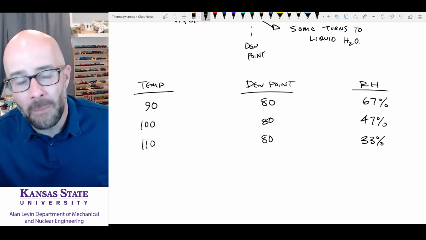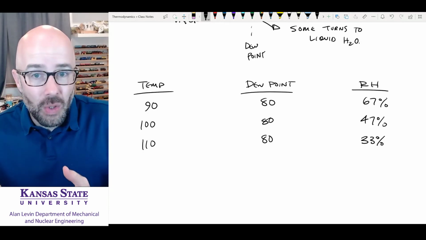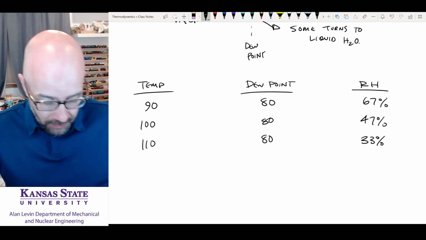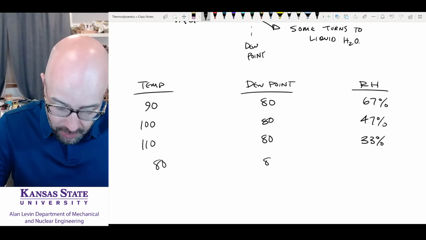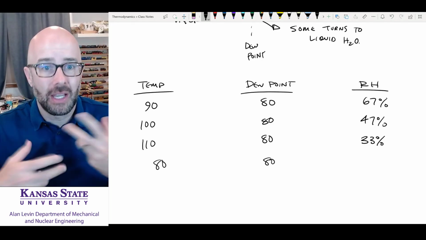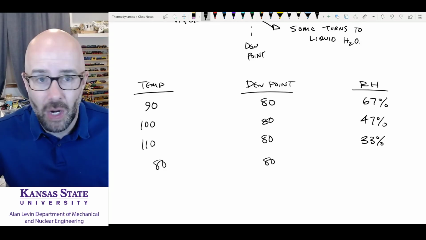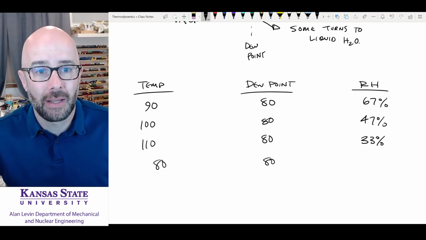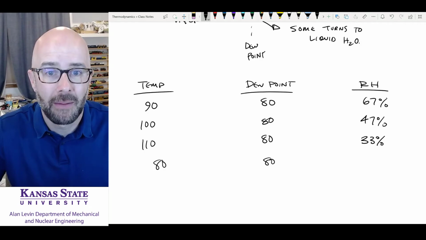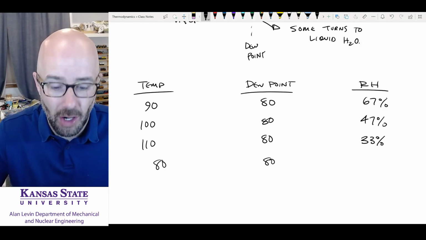Now if it was 80 degrees in this example, with an 80 degree dew point, things are starting to occur. Maybe you're going to have rain. Maybe you're going to have fog. Maybe something's going to happen when your dew point and your temperature are the same.